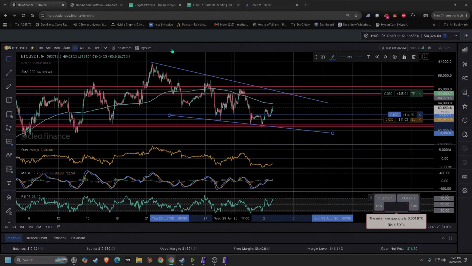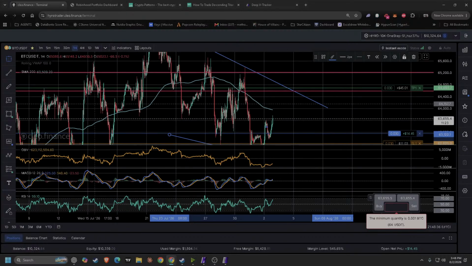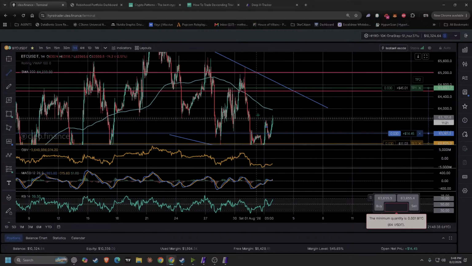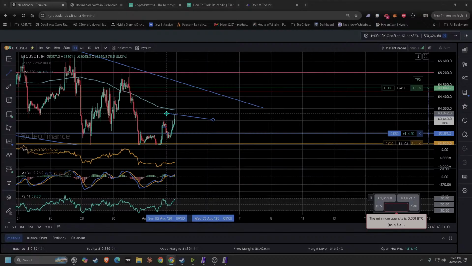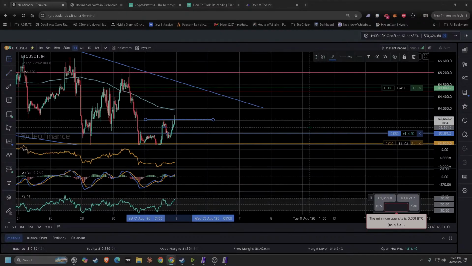You see we've been making lower highs, lower lows. The ranges are starting to get smaller, and then we just made a higher high and a higher low. We're about to make another higher high and a higher low, right? If we haven't already done so, right here. There.